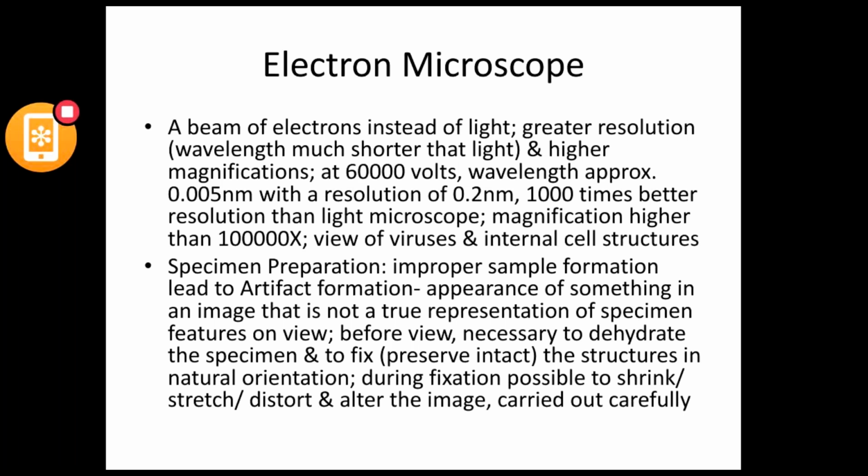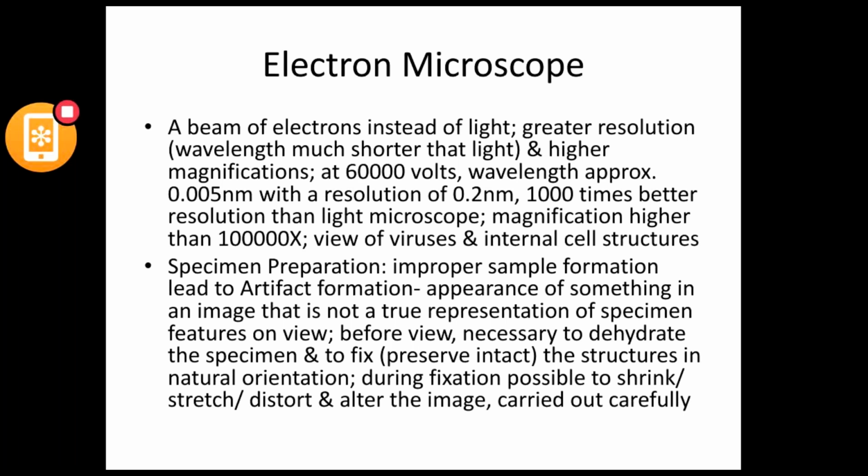So in the electron microscope also, before viewing the specimen, first of all, you have to dehydrate. What do you mean by dehydrate the specimen? Remove the water content, and then you have to fix it. It is necessary to dehydrate the specimen and to fix, that is, preserve intact the structures in natural orientation.